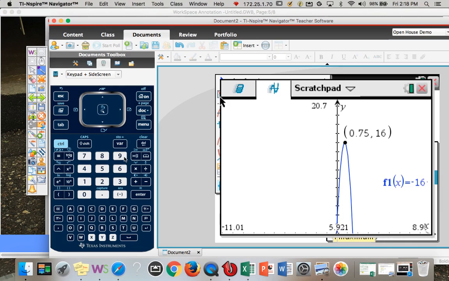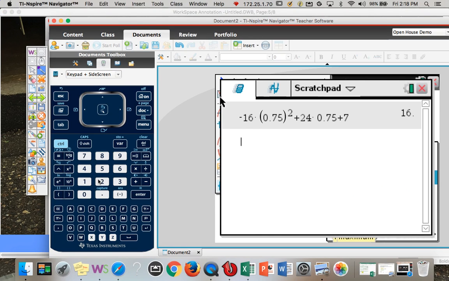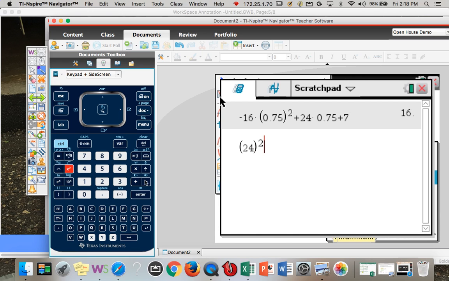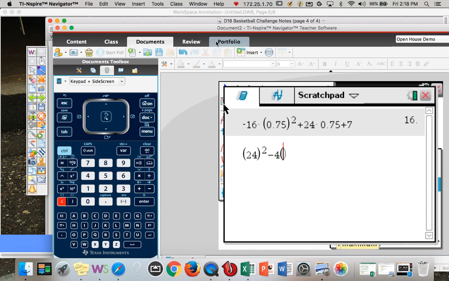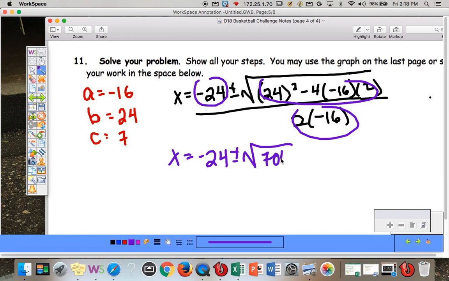All right, let's type this in. So we got 24 squared minus 4 times negative 16 times 2. Okay, so 704 all over negative 32.